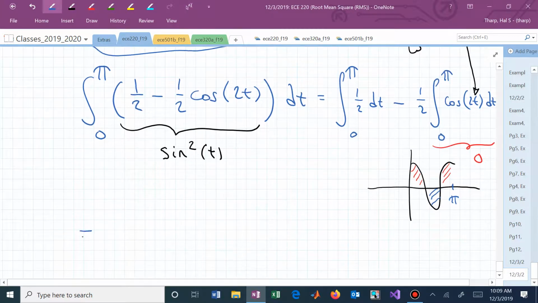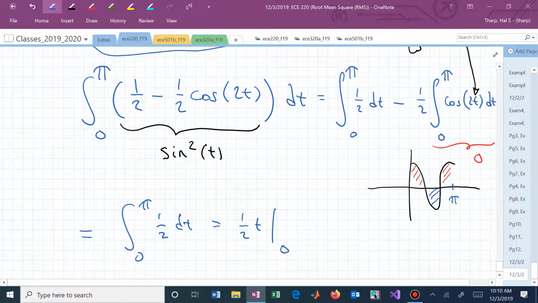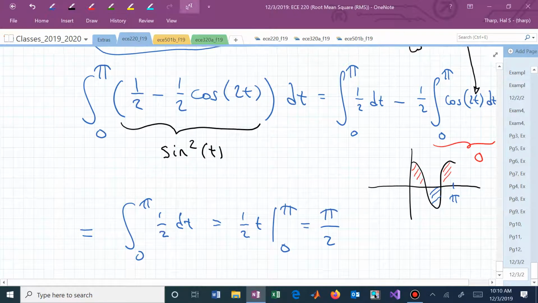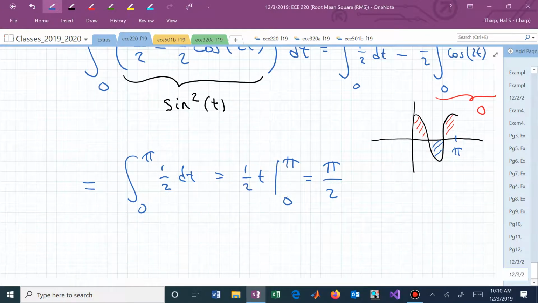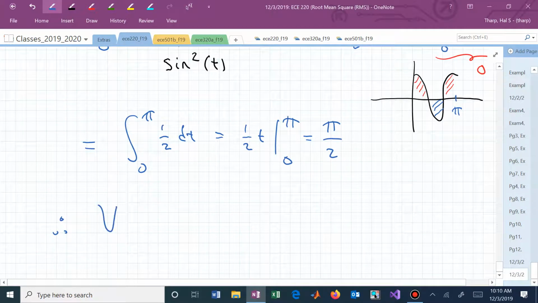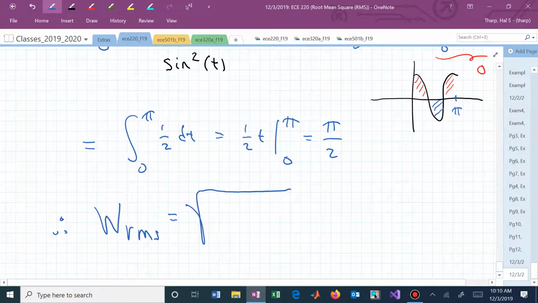So now we have the integral from 0 to pi of 1/2 dt sitting inside our radical, and we can say that the RMS value of this half-wave rectified sine wave is the square root of 1 over the period.